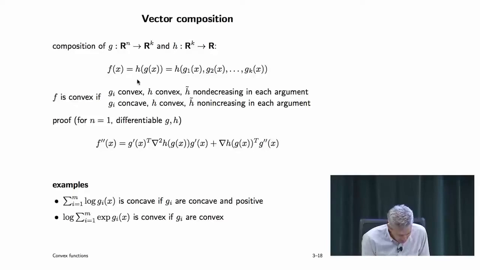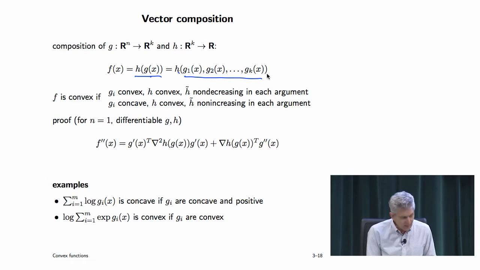It says, suppose you have a function g of x that is R^k valued. So I have a function h of k arguments, g1 through gk, and I want to conclude convexity of that thing. Well, a simple one is if the enclosing function h is convex, and then there's a rule for each argument.